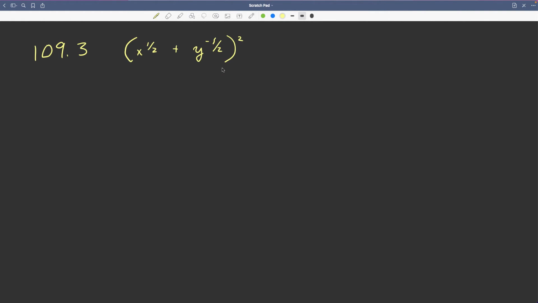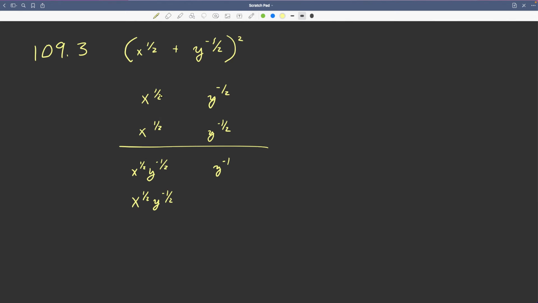Otherwise, it's the same problem we had previously. So let's stack. And then we're doing it twice. So x to the 1/2, y to the negative 1/2. We add these together. We get y to the negative 1. We have x to the 1/2, y to the negative 1/2. We have another one of those, x to the 1/2, this one times this one, y to the negative 1/2.